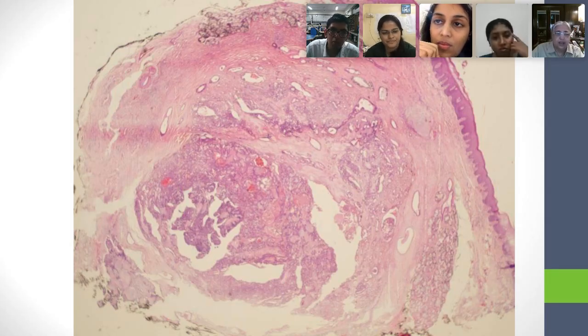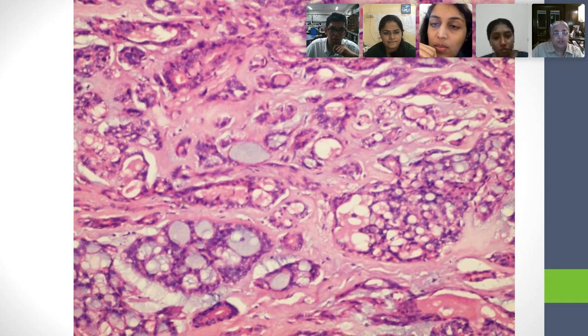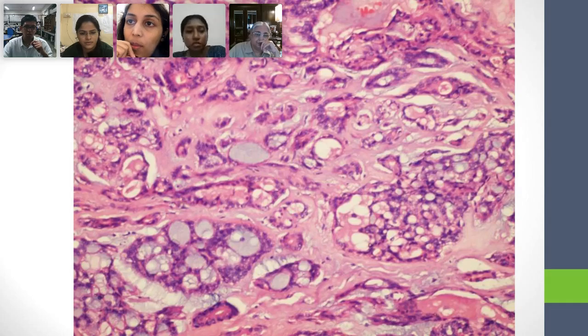Yes, ma'am. They're ducts. So there are lots of ducts in varying sizes, and then you have papillary structures as well. Look at this. So there's a papillary structure, and then you're seeing these things below. What is this called? Cribriform.